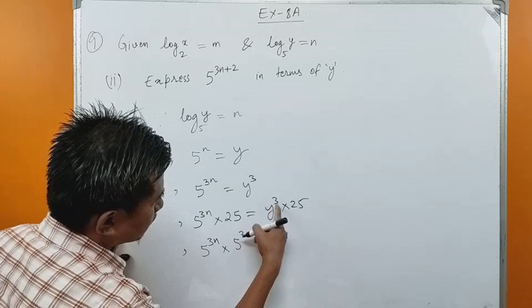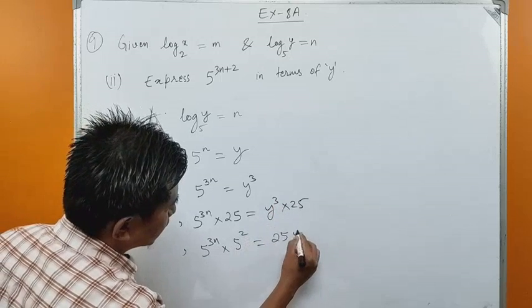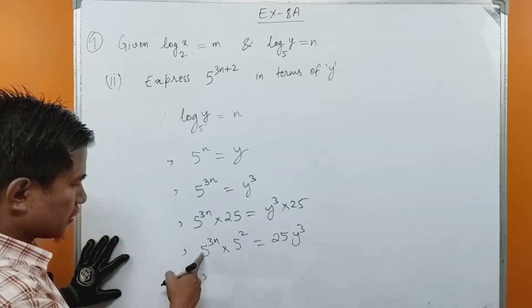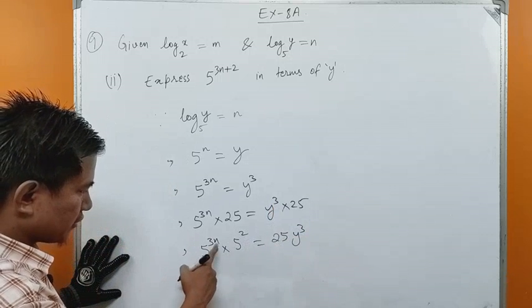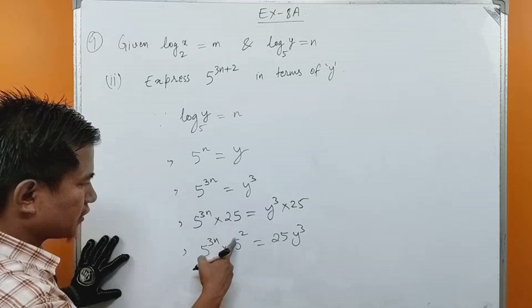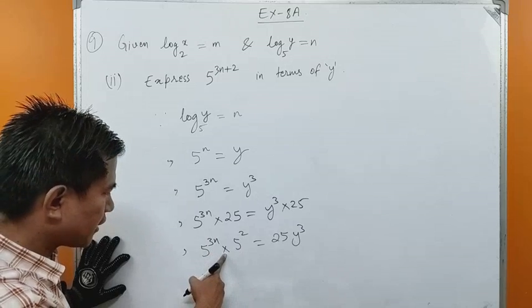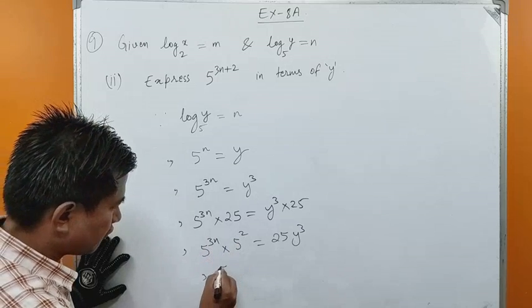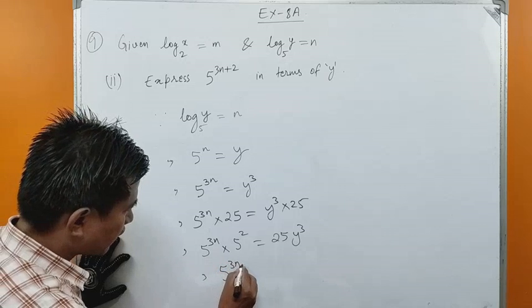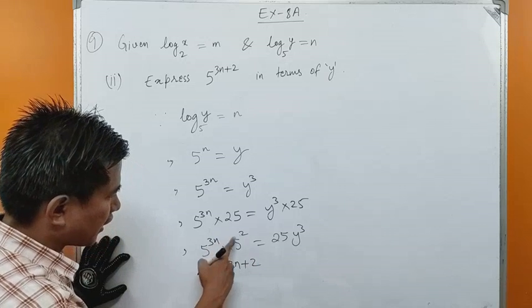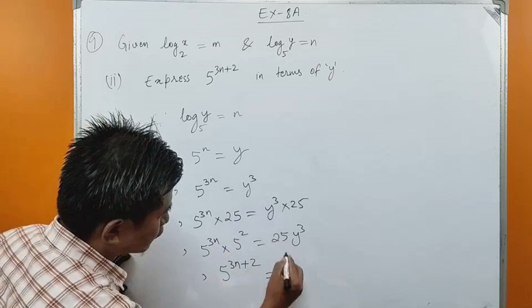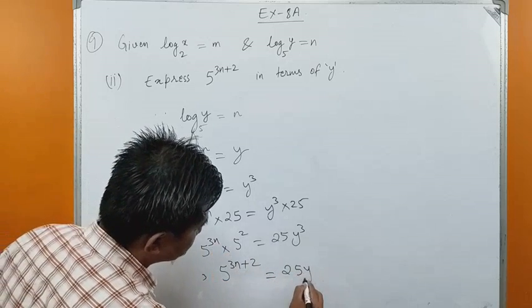Now see, the bases 5 and 5 are equal and there is a multiplication sign between them, so the powers should be added. 5 to the power 3n plus 2 equals 25 y cube.